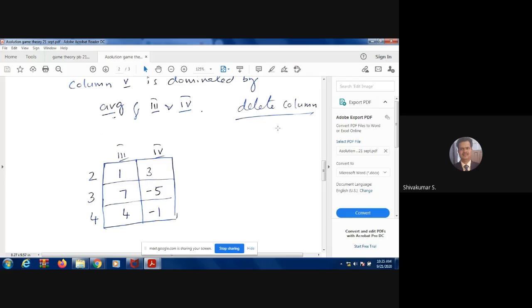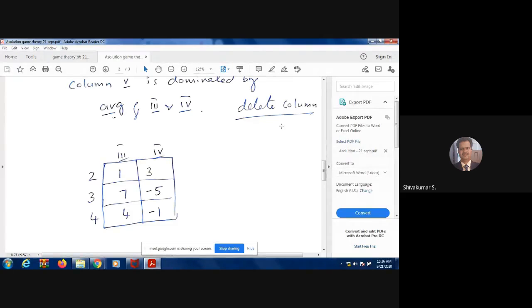You take the average of row number 2 and 3 and compare with the values of row 4. The average values of 2 and 3, that is 1 plus 7, 8, divided by 2, 4, and 3 minus 5, minus 2, by 2, minus 1. So you are going to get 4, minus 1. That is the average values of 2 and 3. Okay?